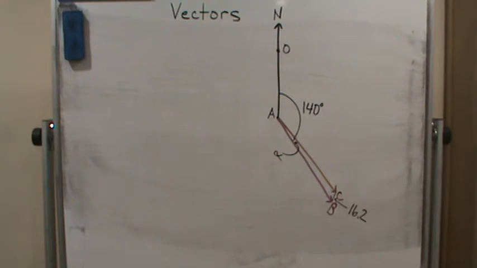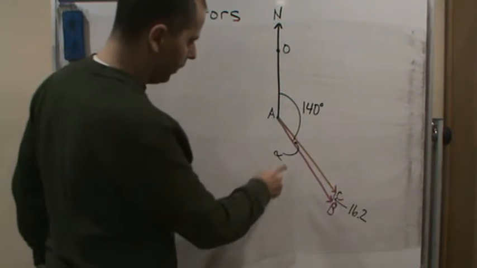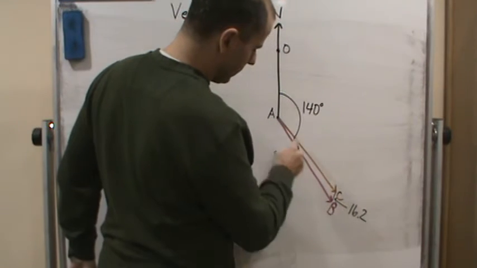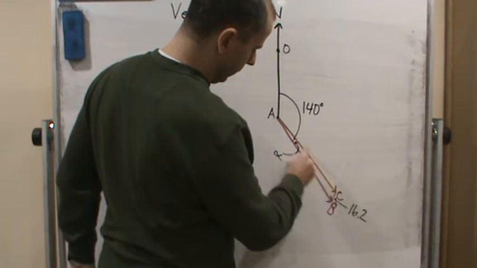So it says an airplane is flying at an airspeed of 200 miles per hour headed on a southeast bearing of 140 degrees. Okay? So it's on a southeast bearing, right?